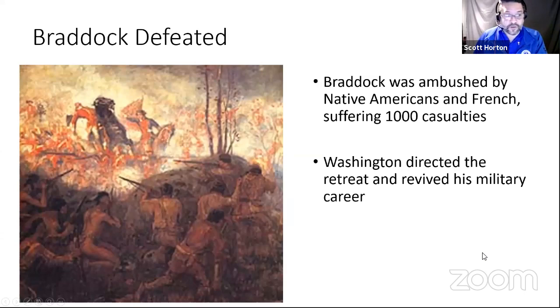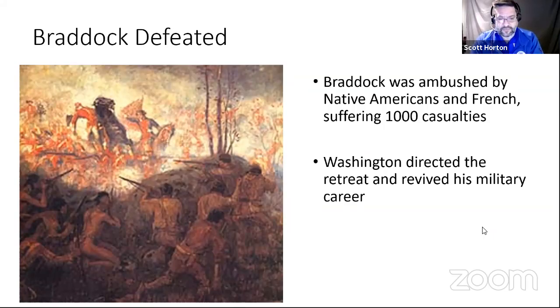And really, the name of the war should be the French and the Indians on one side versus the British and their Indian allies and the colonists on the other, if you really wanted to make it an accurate title for that war. Things don't go so well for the British early on. Braddock, who was a general that was sent over to avenge Washington's defeat, is defeated. He's out in Western Pennsylvania there trying to find the French troops.